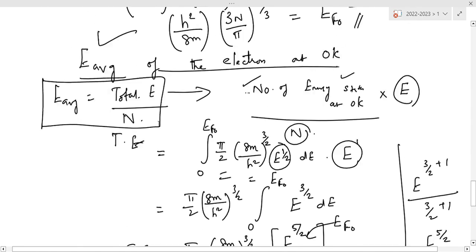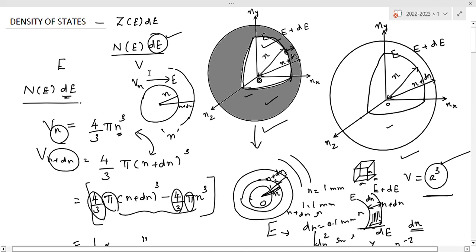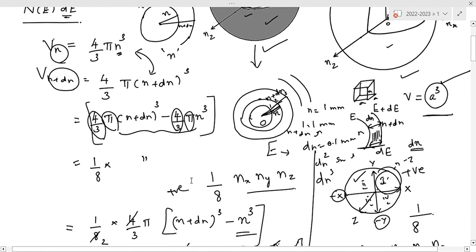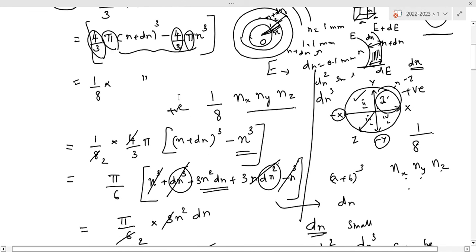So in this derivation, we started with the density of states, the number of available energy states per unit volume. We started with a metal cube of side A, so the volume is A cube, and then two spherical shells have been considered. The number of available energy states between these two volumes of radii n and n plus dn is taken, and the positive integer values are considered here. Therefore, one octant is taken.